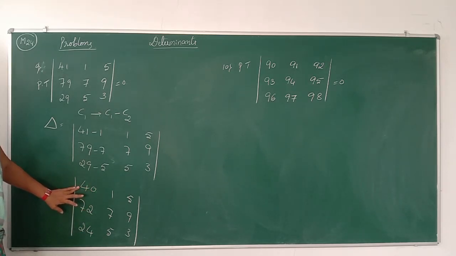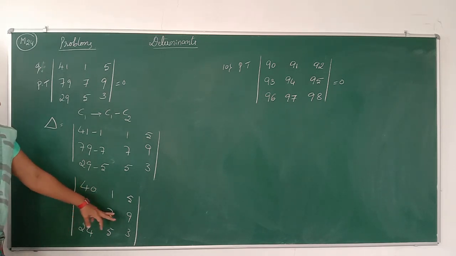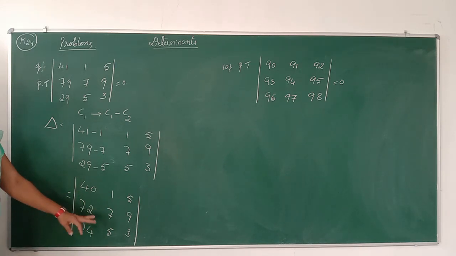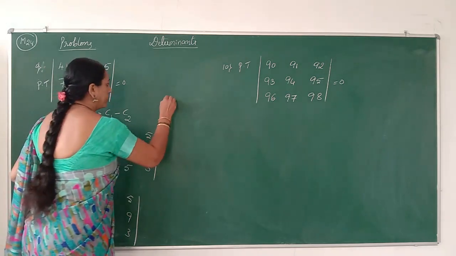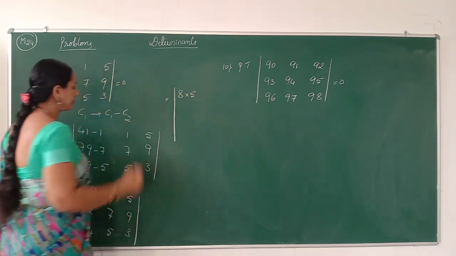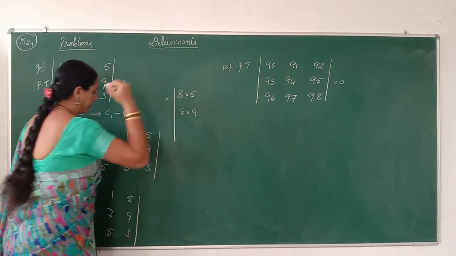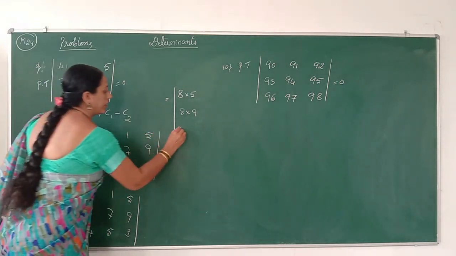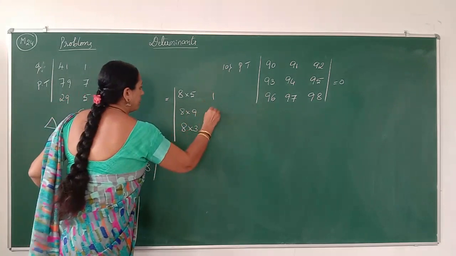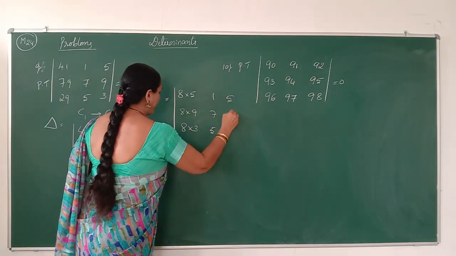So 40 can be written as 8 into 5, 72 as 8 into 9, and 24 as 8 into 3. The elements of the second column are 1, 7, 5, and the third column is 5, 9, 3.